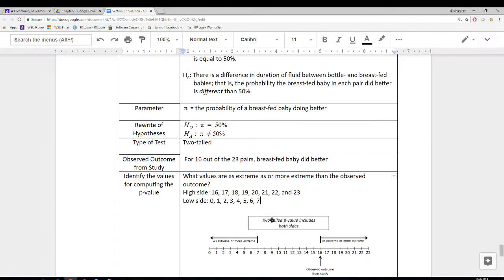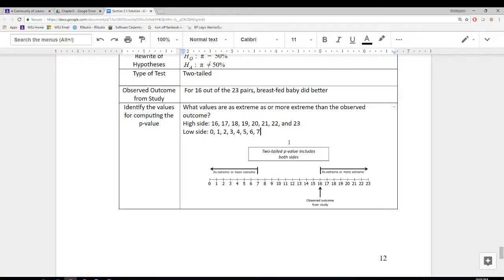Now, how do I know that I need to stop at 7? Again, we need to worry about how far away 16 is from the middle of the distribution. So let me just make a note of that. We stop at 7 because 16 minus 11.5 is equal to 4.5.